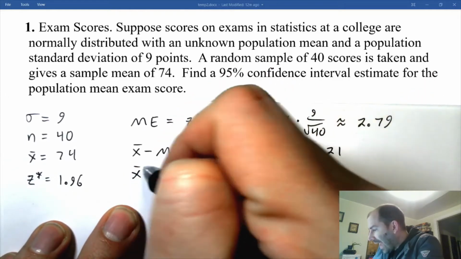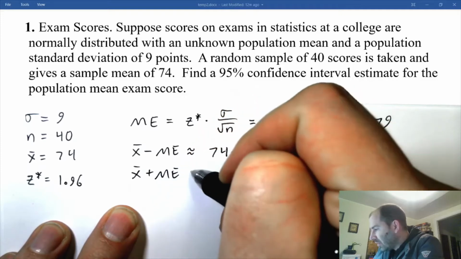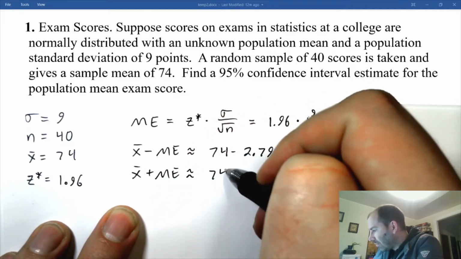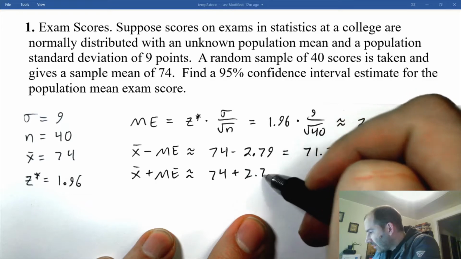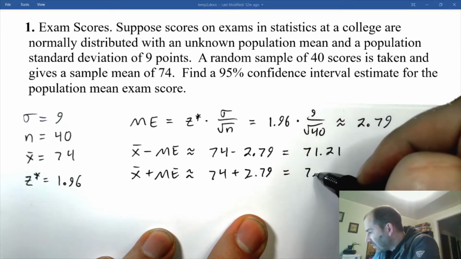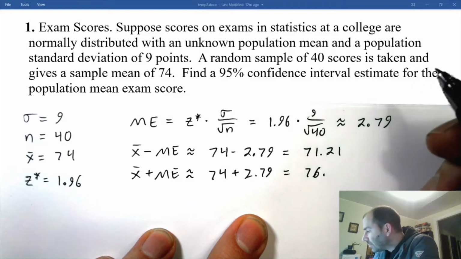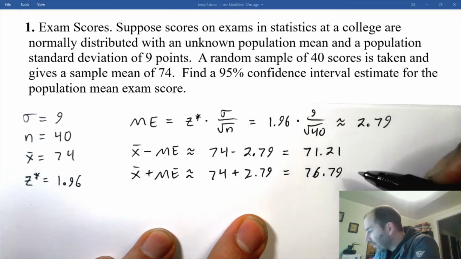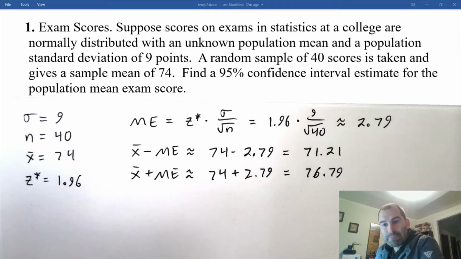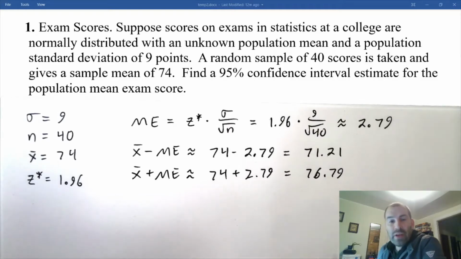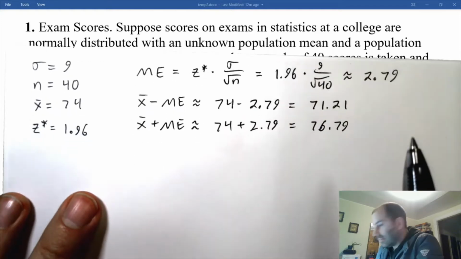And if I add this value to our sample mean, I get 76.79. Okay, so what do we conclude? Well, here's our confidence interval. We conclude the following.